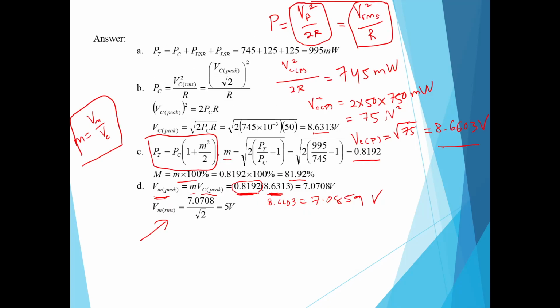For example, here the peak value divided by the square root of 2, we get 5 volt. Even for this one, if you divide by the square root of 2, you get 5.01 volt. So this is how to find the RMS value for the Vm.